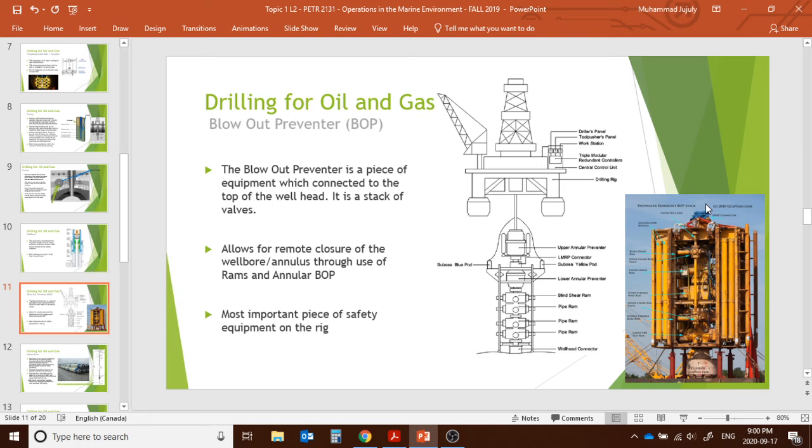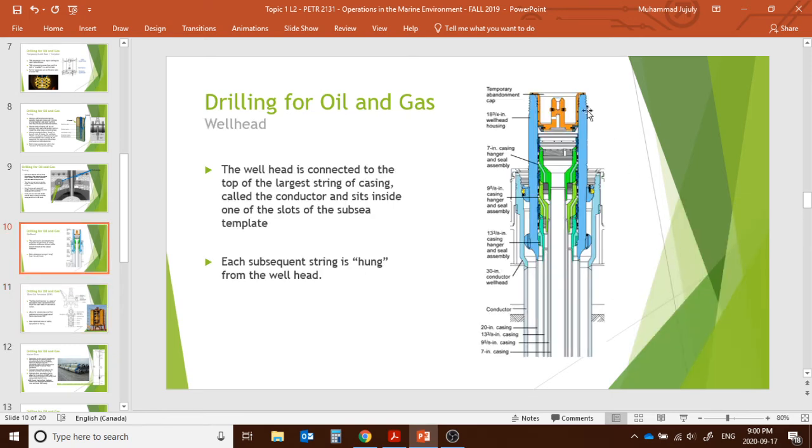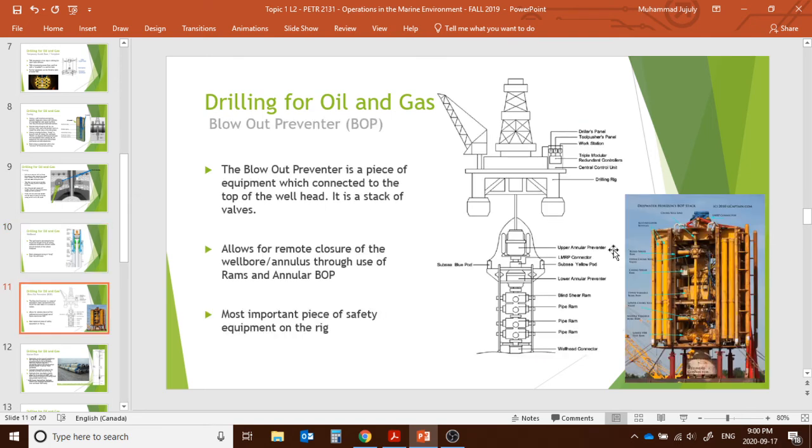In drilling for oil and gas, one of the most important parts is the blowout preventer. At the top of the wellhead we have something called the blowout preventer. Why is this very important and what is that actually? Let me explain to you.